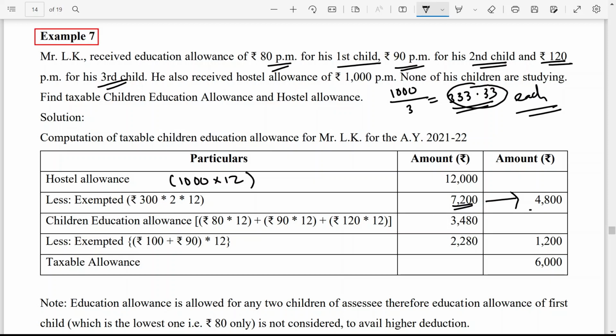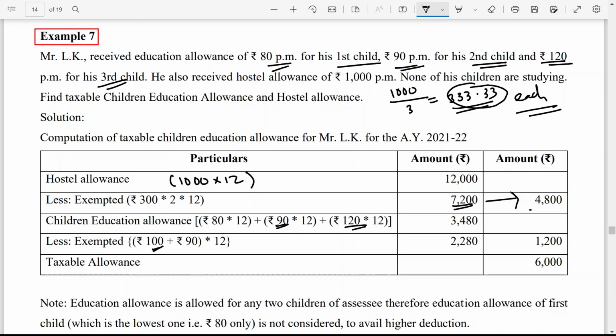Now in case of children education allowance, how much are you getting? For the first child 80 into 12, for the second child 90 into 12, and for the third child 120 into 12. If you total these three brackets, you will get 3480. But how much deduction is available? Less exempted is 100 plus 90. Why 100? Because you can claim deduction for only two children. So you will claim deduction of 120 and 90. For 120 you will receive 100 rupees, because the maximum limit is 100, so you will not get 120 rupees.